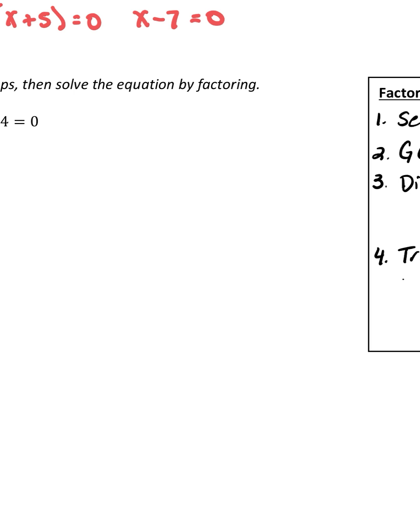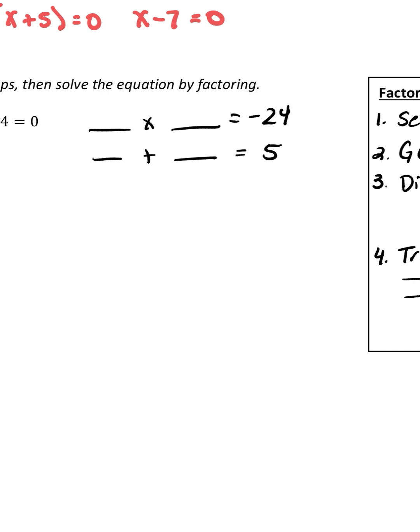And if you'll recall, we have to find what 2 numbers multiply together to get a times c, and what 2 numbers add together to get b. So let's go ahead and do that. What 2 numbers multiply together to get negative 24, but then add together to get 5? Let me think about it.